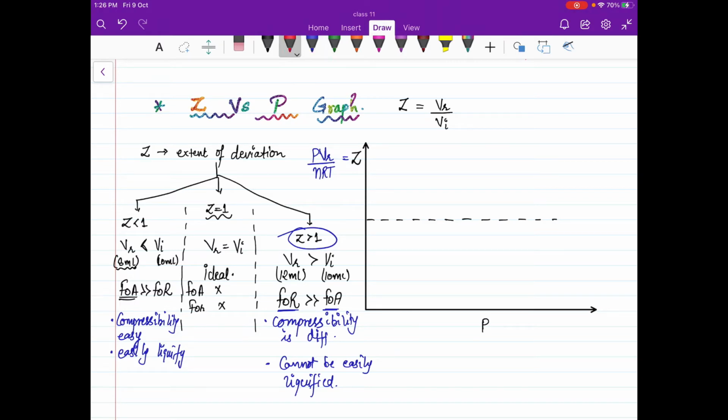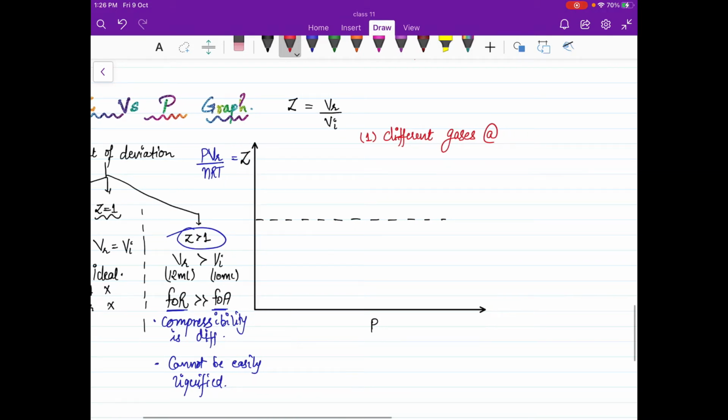Now when he started to draw the graph for various gases, the first graph we are going to see, Z versus P, is for different gases at constant temperature. Temperature is going to remain constant. Let's say we are taking this graph at 298 Kelvin, that is nothing but 25 degrees Celsius, standard ambient temperature.